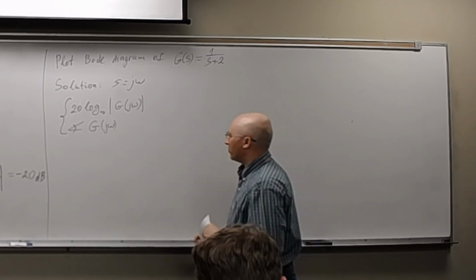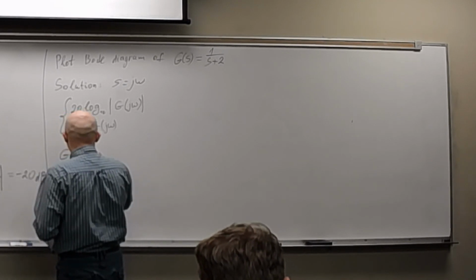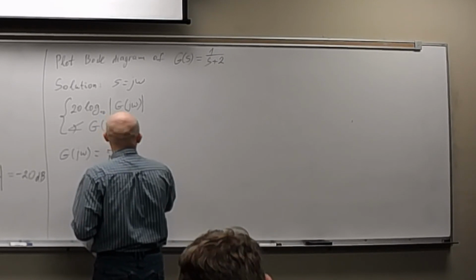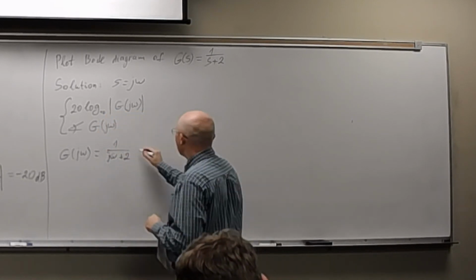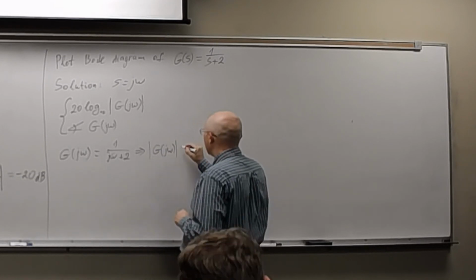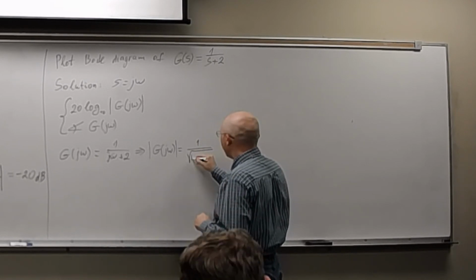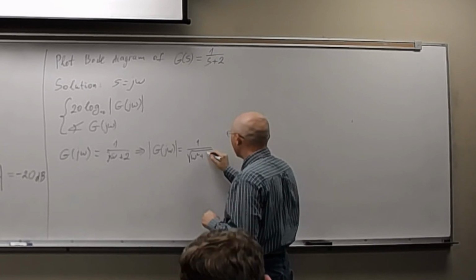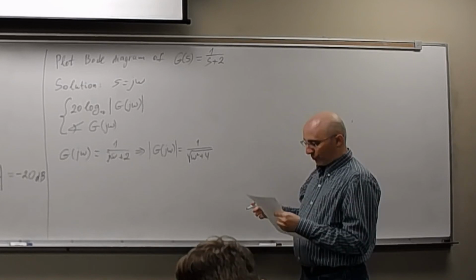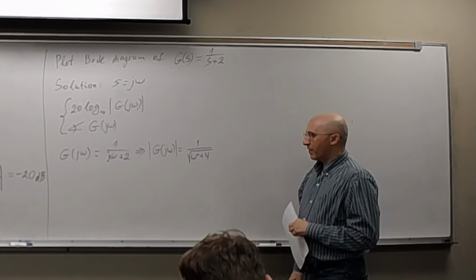So let's see what we get from here. Let's start with magnitude. So g of j omega equals 1 over j omega plus 2. From here, the absolute value of g at j omega equals 1 divided by the square root of omega squared plus 4. Right? So this is just the Pythagorean theorem.